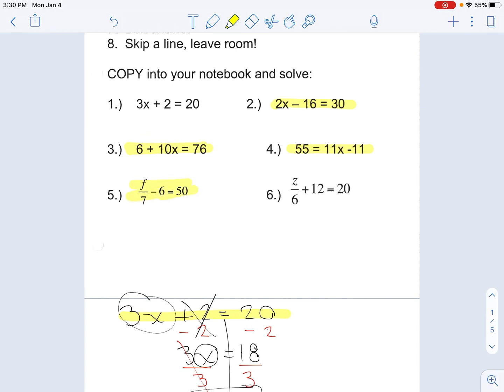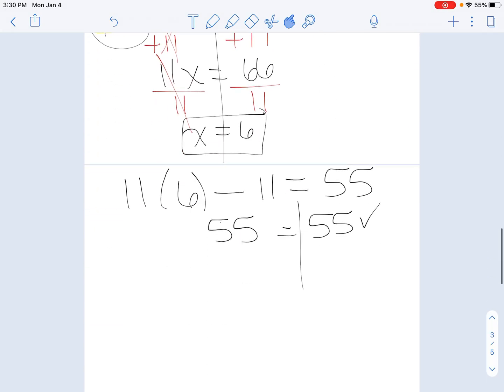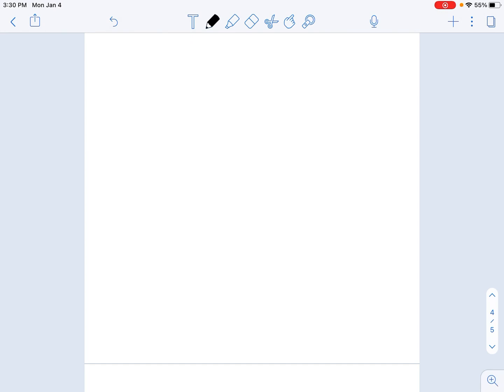Number 5. What number divided by 7 minus 6 equals 50? F divided by 7 minus 6 equals 50. Copy that into your notebook.